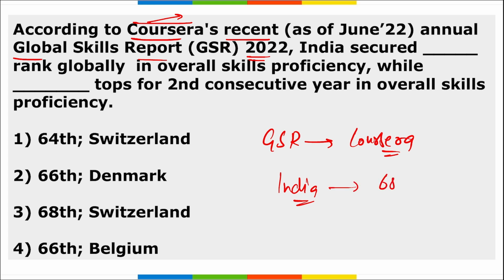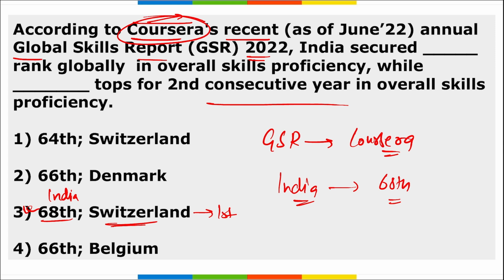India stood at 68th position, and the country that topped for the second consecutive year in overall proficiency was your Switzerland. So India stood at 68th position in the Global Skill Report released by Coursera, and Switzerland stood at the first position for the second consecutive time in overall skill proficiency.